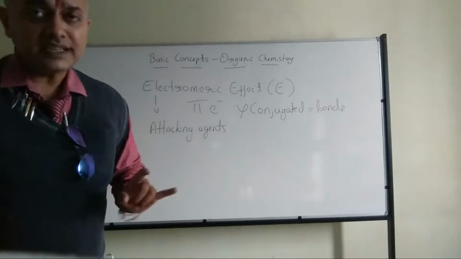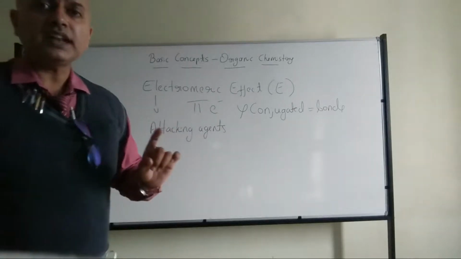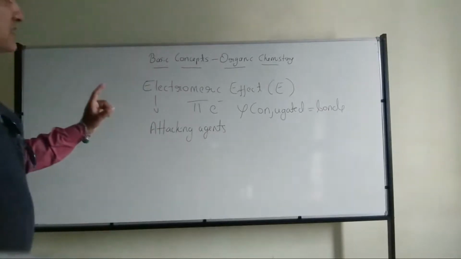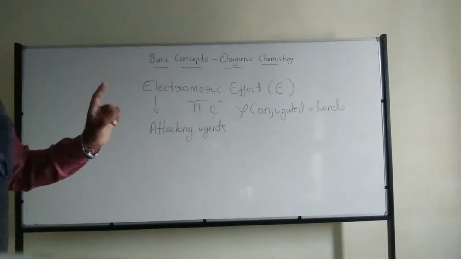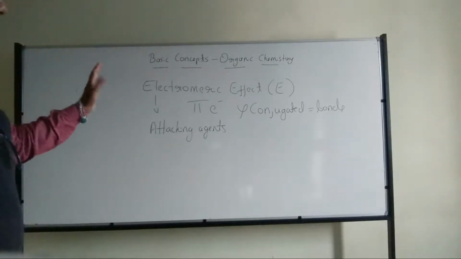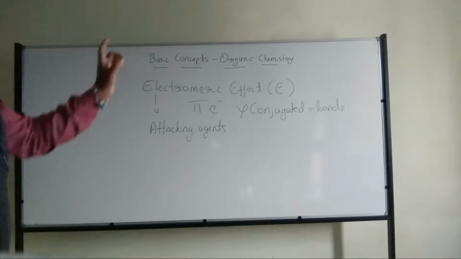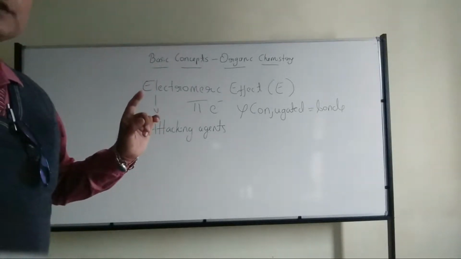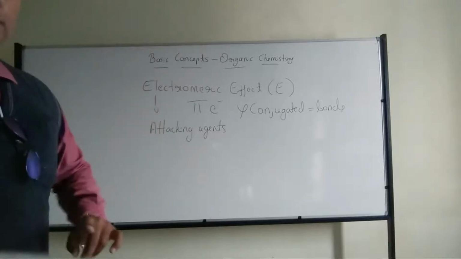Try to understand these things properly. Am I clear now? All of you have understood? So what is the difference between electromeric effect and resonance? Electromeric effect will be shown by those molecules which have pi electrons, no doubt. Now, when it comes to resonance, the basic requirement is that a conjugated double bond should be there.